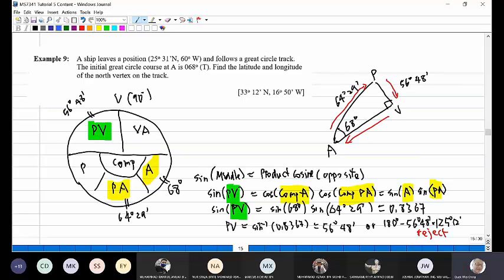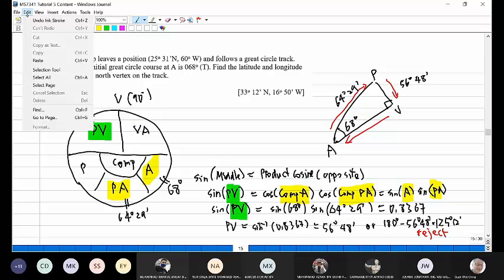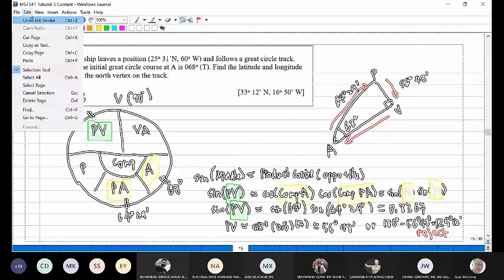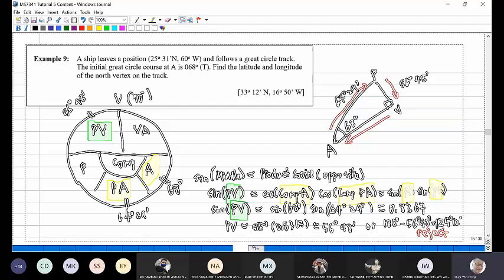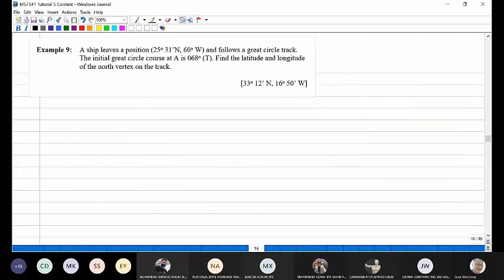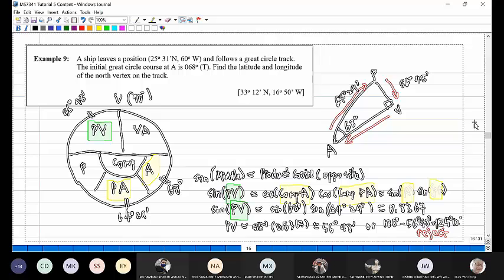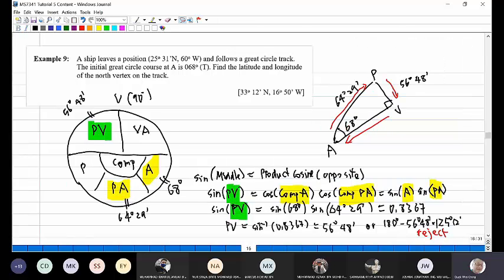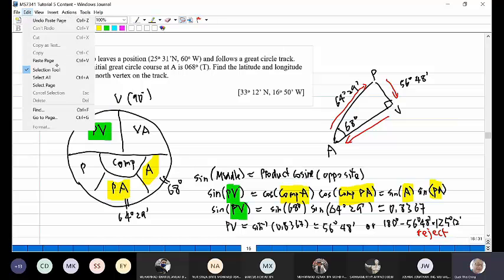So I'll just copy this page first, and then go to the next page here. Okay, so I'm going to erase all the calculation from here.